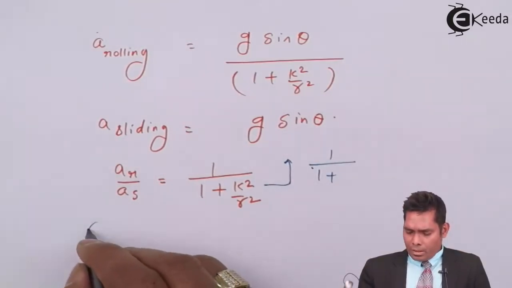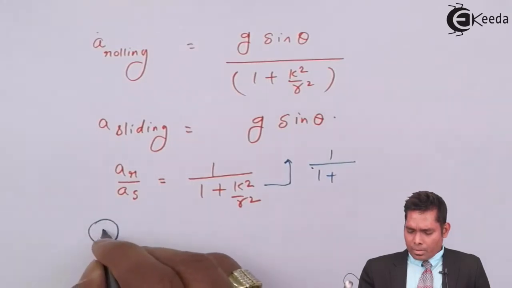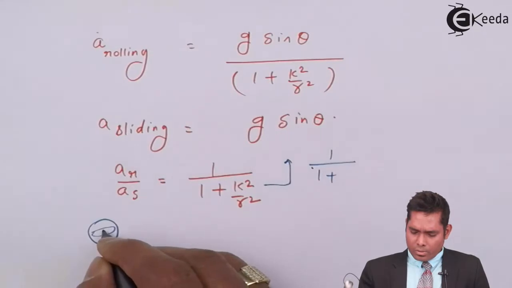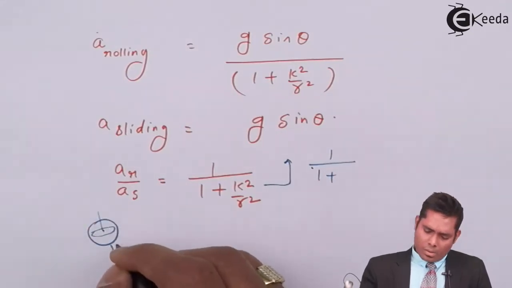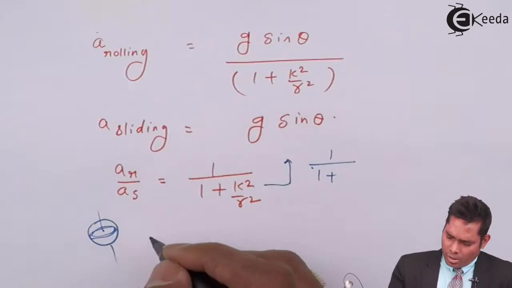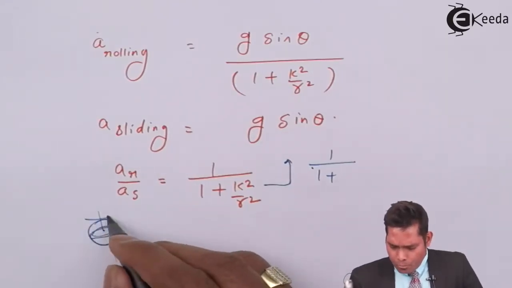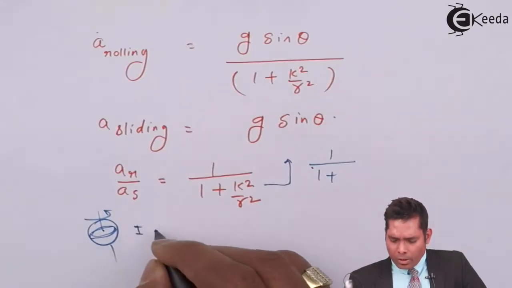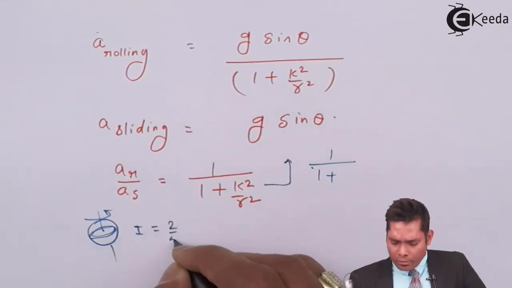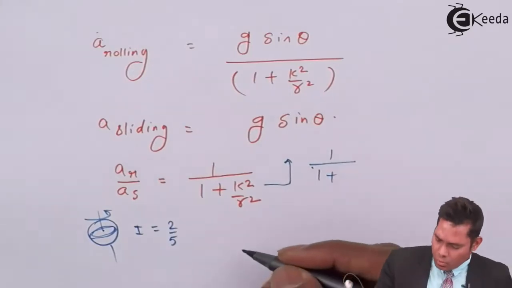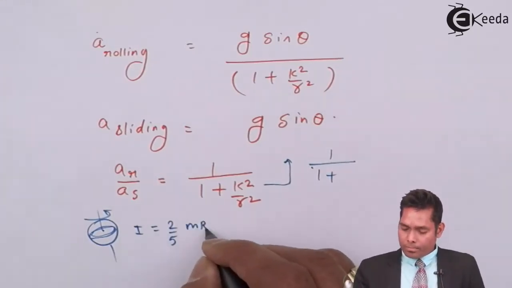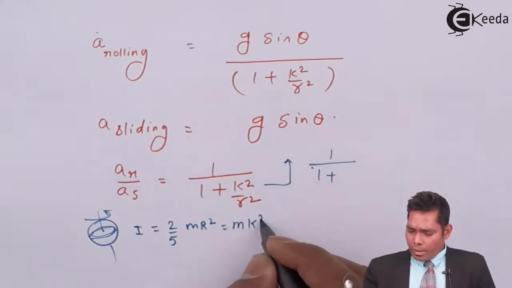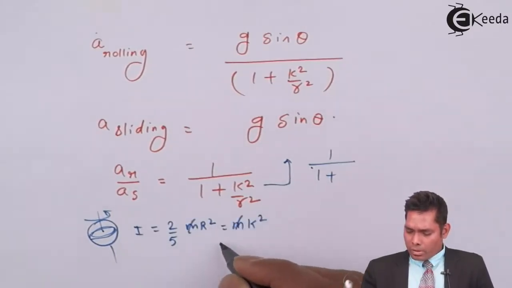For a sphere, about this axis, the moment of inertia is 2 by 5 m r square for a solid sphere, and that equals m k square. M cancels out, and k square over r square is 2 by 5.